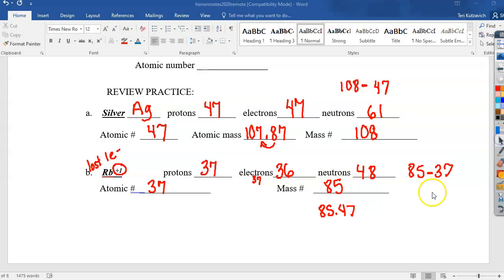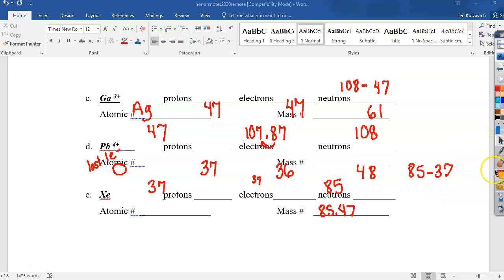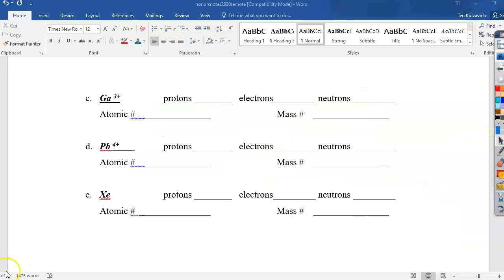And the last three. So the last three, gallium, its atomic number is 31, which means it has 31 protons. In a neutral atom, you would have 31 electrons, but this is not neutral, it's a positive cation, and it tells me that I have lost 3 electrons.